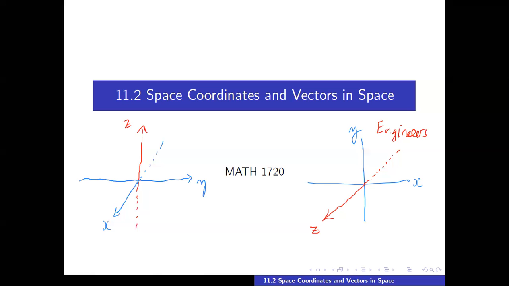The dot, dot, dot, well, this is going straight down, but the dot, dot, dot means going into the board, okay? So this is what mathematicians tend to do. Mathematicians and physicists and other people tend to write things this way. I have seen a few physicists go with the engineering way at times, but yeah, okay.